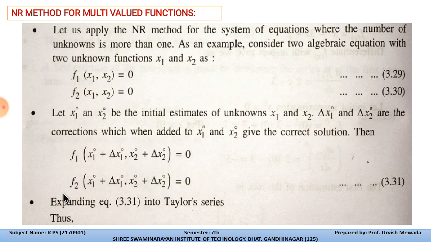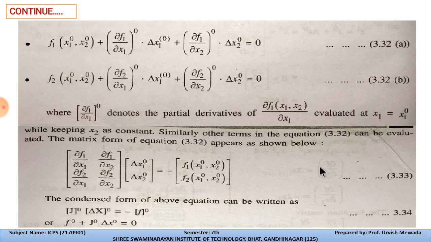Now expanding equation 3.31 in the Taylor series, here we are again applying the Taylor series. So f1 of x1 raised to 0, comma, x2 raised to 0, plus del f1 by del x1 raised to 0 into delta x1 raised to 0. This is the first term of the Taylor series.